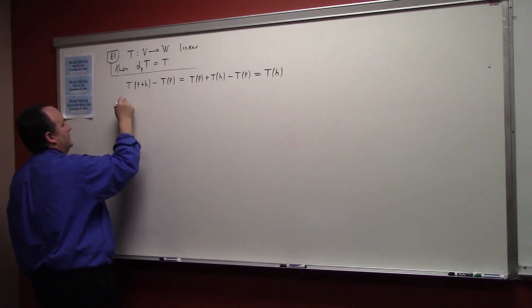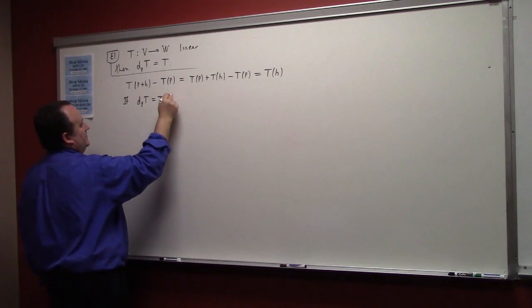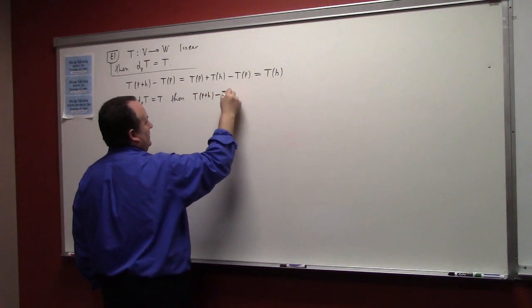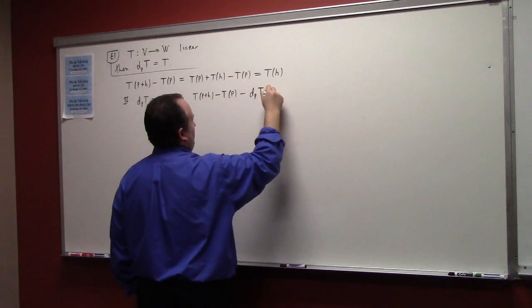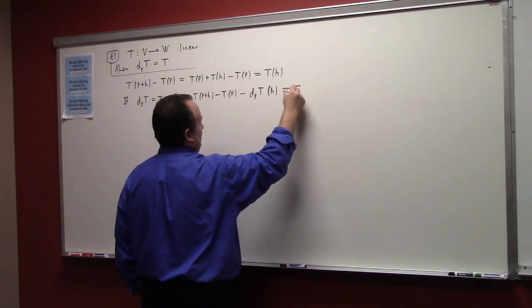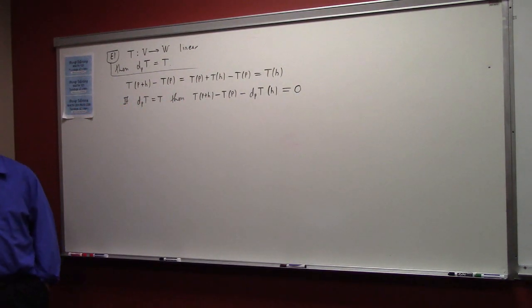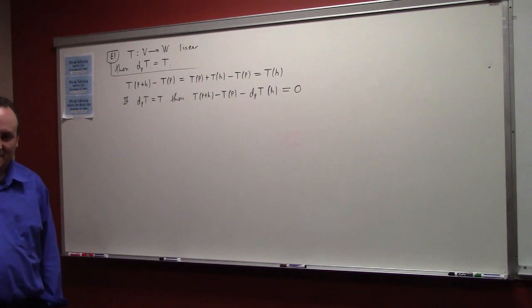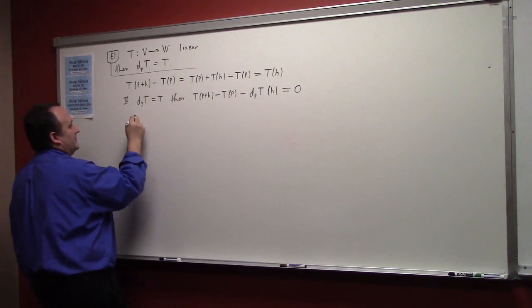So if we set the differential at P of T equal to T, then you can easily see that T of P plus H minus T of P minus the differential at P of T, applied to H, is just identically equal to 0. So we don't even need to quantify the error function, like the eta we talked about last time, and it's just 0. The Fréchet quotient follows for free. Great. So what could be more simple than that? So that implies that, of course, the limit.